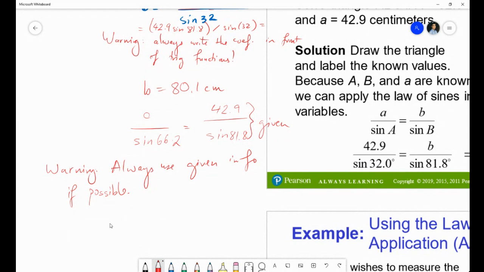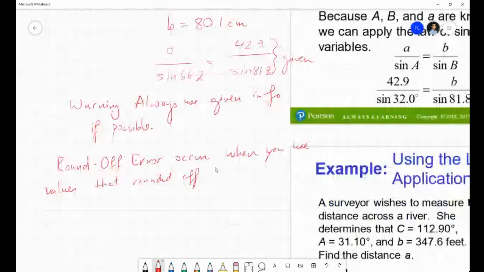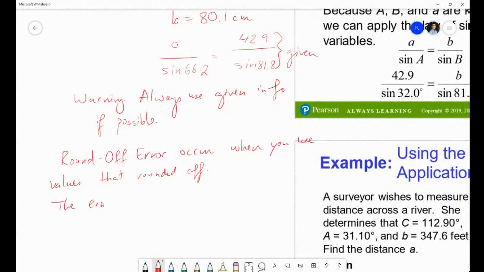So if we do that, we're going to come up with a rounding error. Okay, so that's called round-off error. Round-off error occurs when you use values that were rounded off. So the error will compound if you do it multiple times.